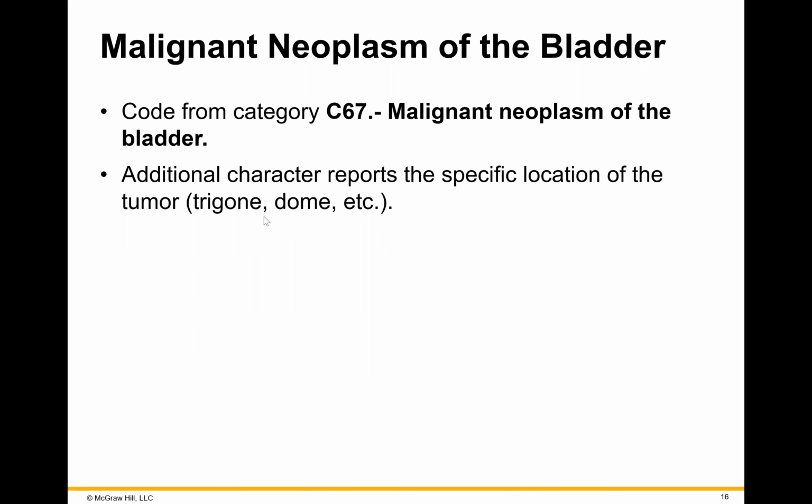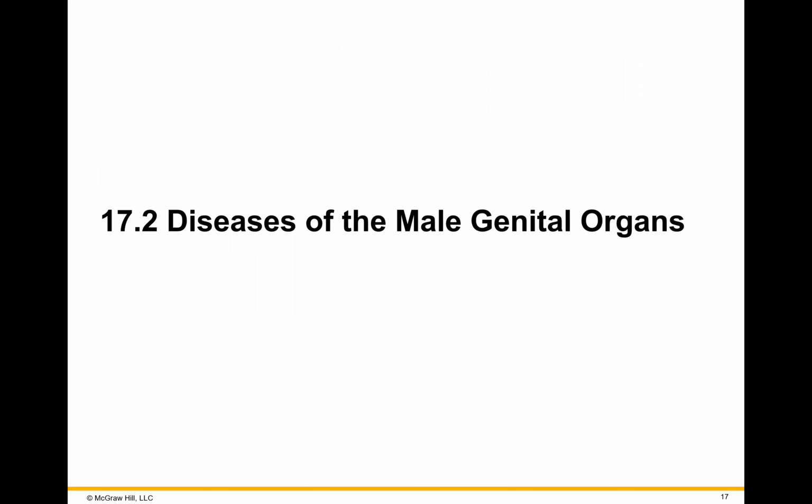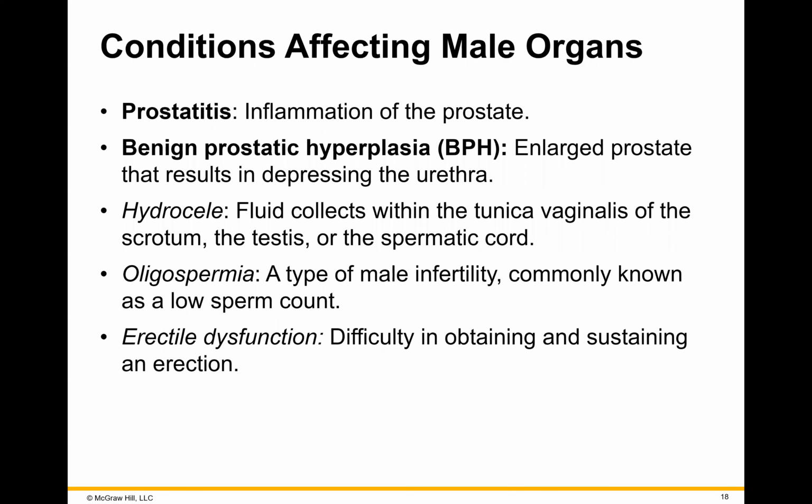It could be the dome of the bladder, what have you. And again, a lot of people are familiar with inflammation, the prostatitis, the BPH, the hydroceles. If you're not familiar with these types of terms that you see here, oligospermia, the erectile dysfunction that you see ads for every time you turn around, there are medical dictionaries to get into the finer details of exactly what these things are.